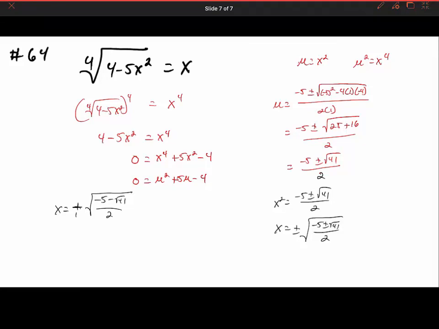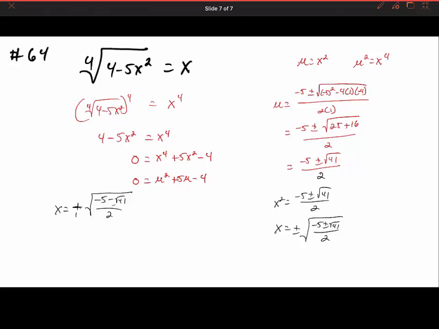This is going to be a complex solution. So the -5 minus the square root of 41 over 2 is not real. And so therefore, both of these are going to be non-real.